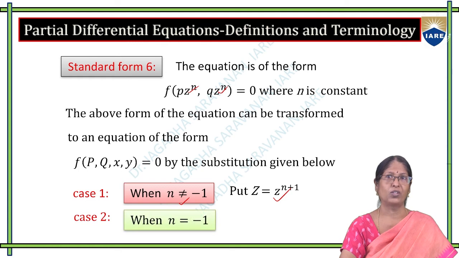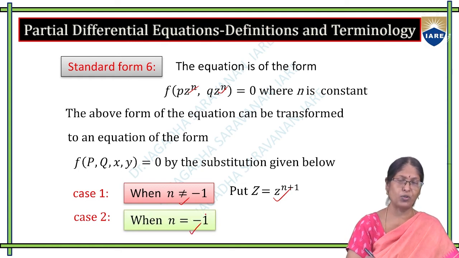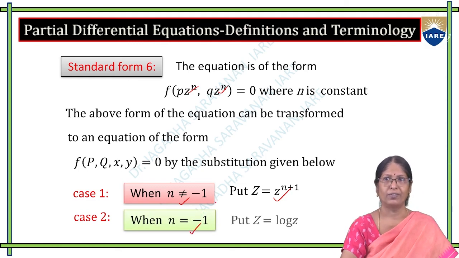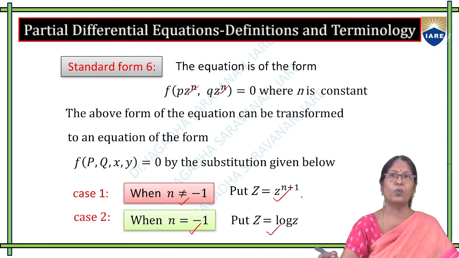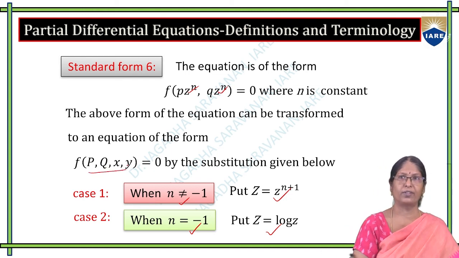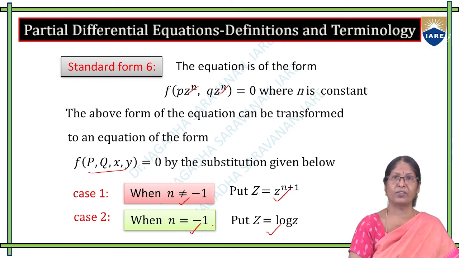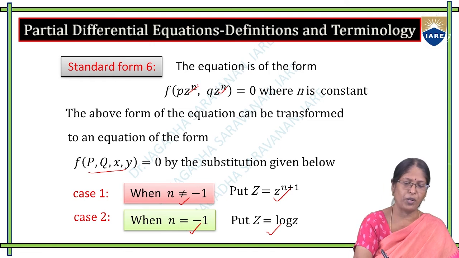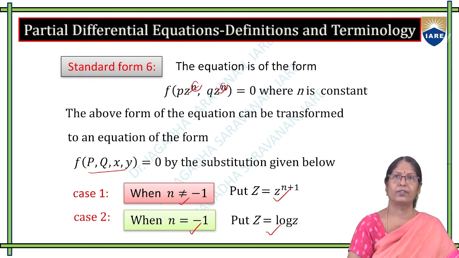Whereas case 2, if n is equal to minus 1, then capital Z equals log z. Our standard form 6 is to be reduced to standard form 3. First we will select whether case 1 or case 2, depending upon this n.